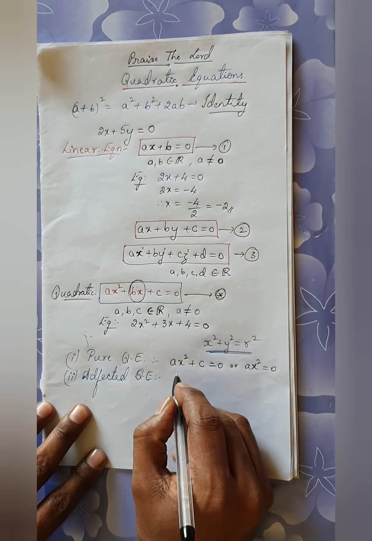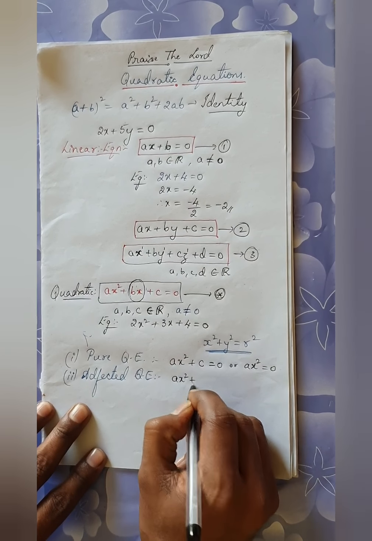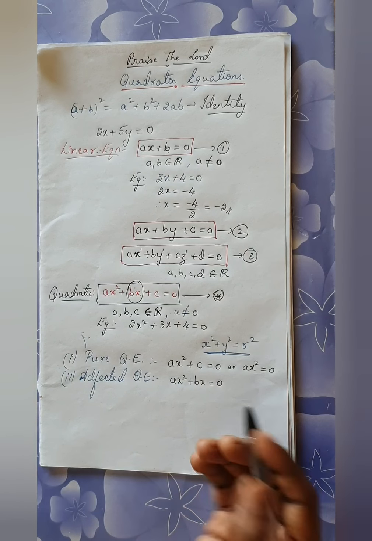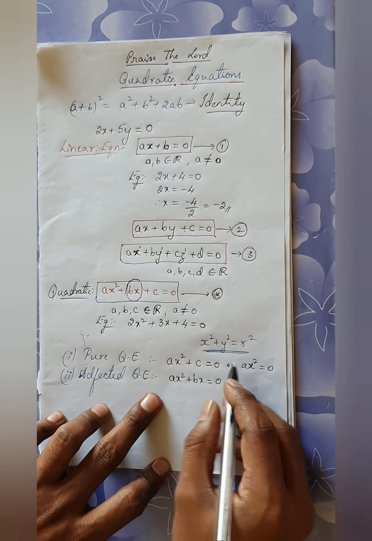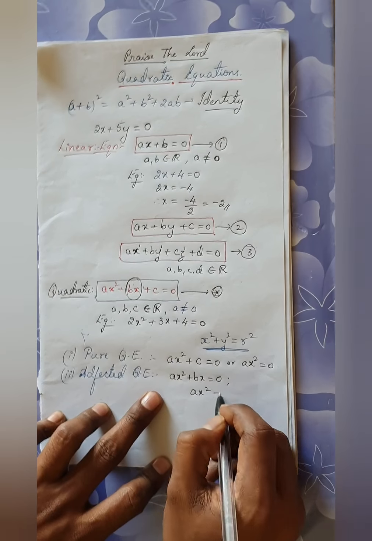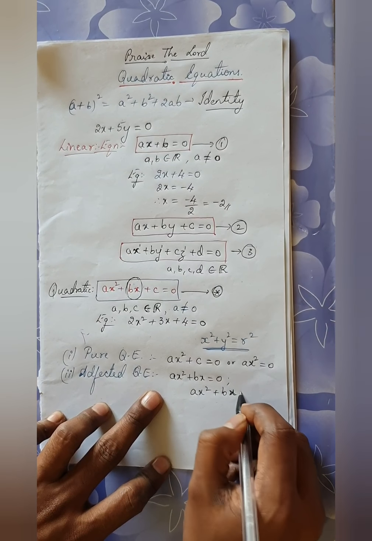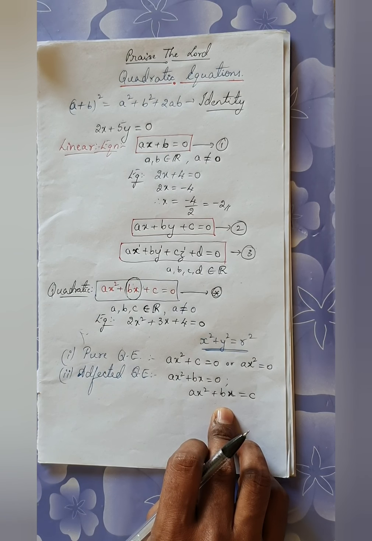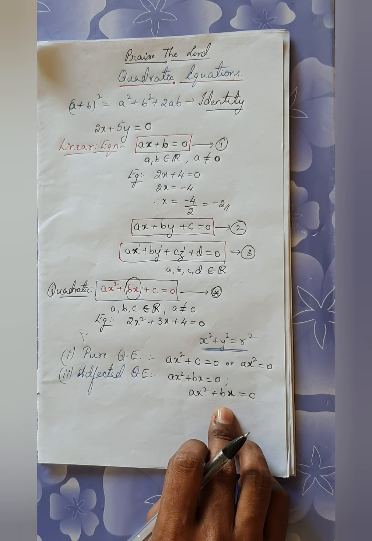And the one where we have ax square plus bx equal to 0, or ax square plus bx equal to c, is the affected quadratic equation.